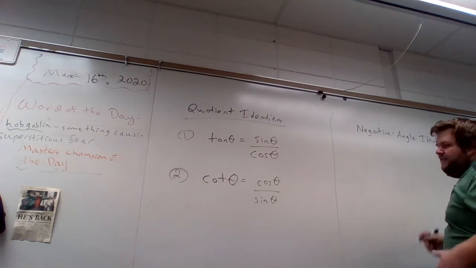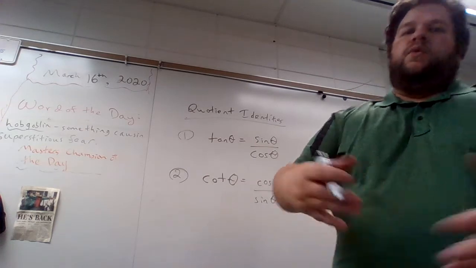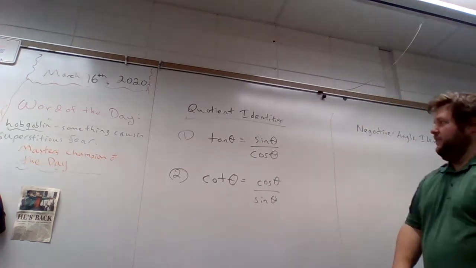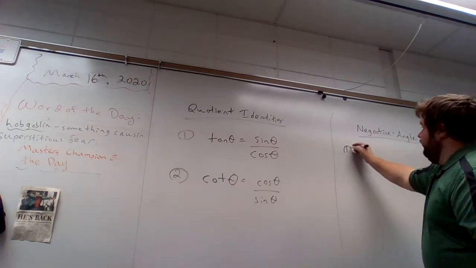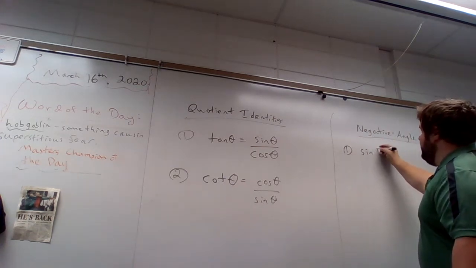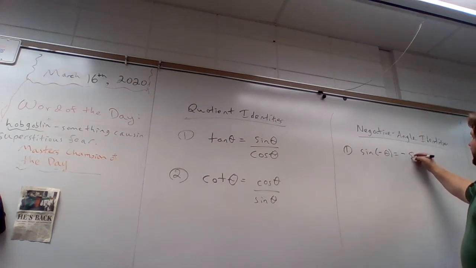So the idea is if I do the sine of negative theta, if I do the cosine of negative theta, what is that equal to? That's the idea behind a negative angle identity. So for instance, the sine of negative theta is equal to negative sine theta.